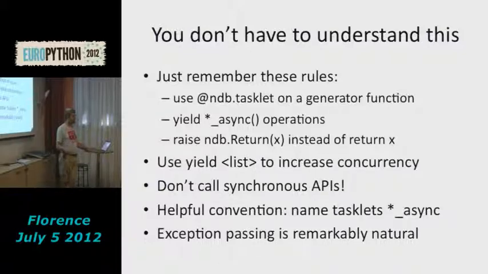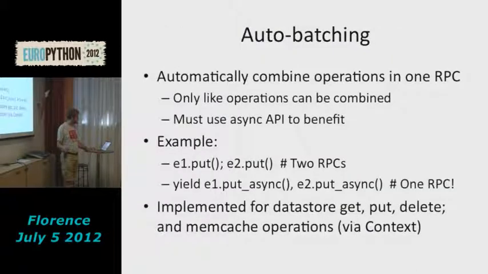And we finally tracked it down to them having one synchronous call in an otherwise asynchronous tasklet. So that's why naming your tasklets with some kind of naming convention is also important. The other thing that really helps is that exception handling is completely natural.